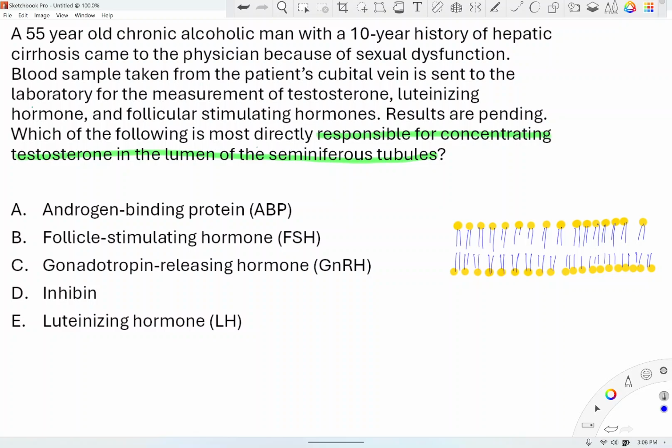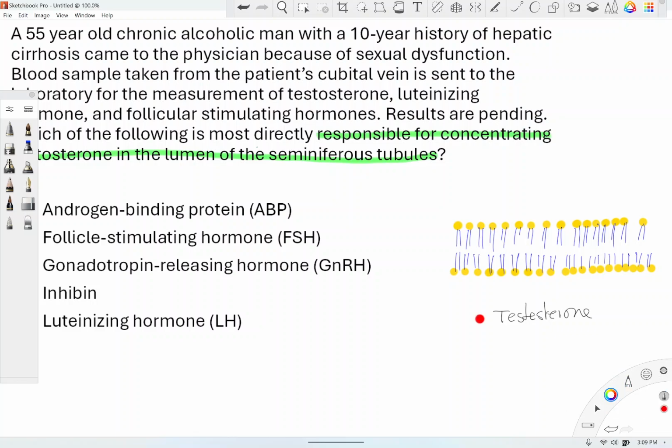Okay, so now I'm in a position to do this. Let's say testosterone is this red dot. Because testosterone is a steroid hormone, it's made from cholesterol.